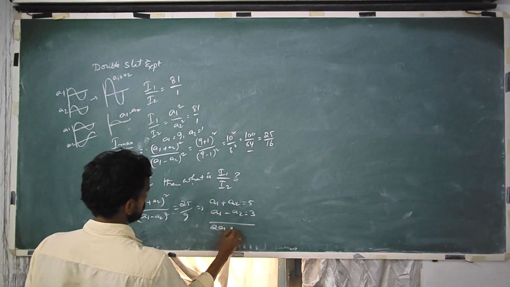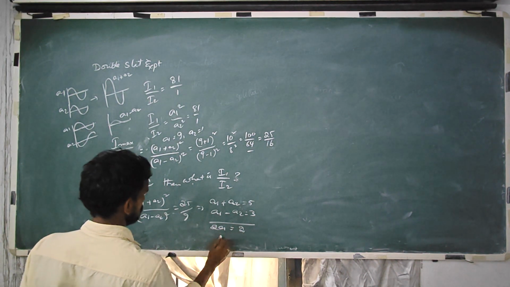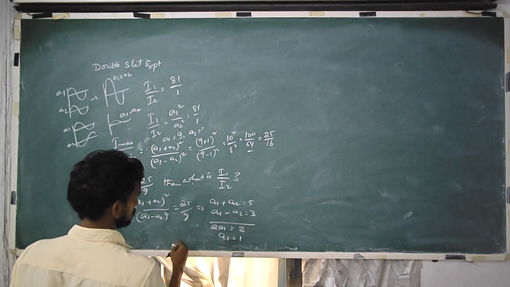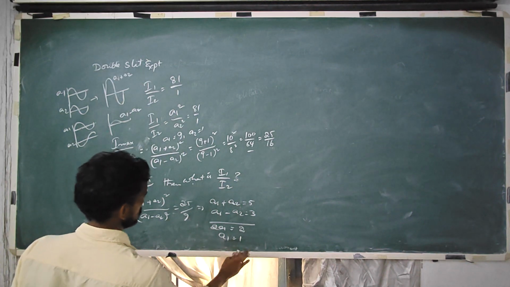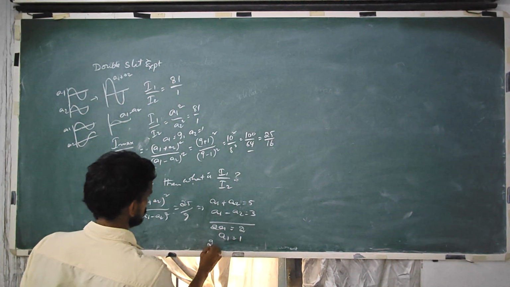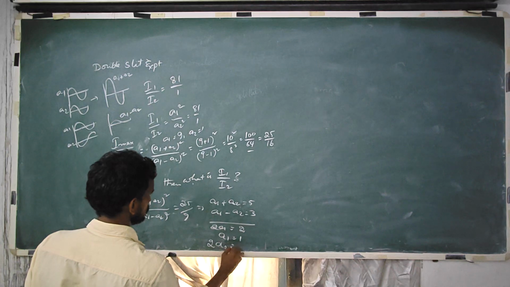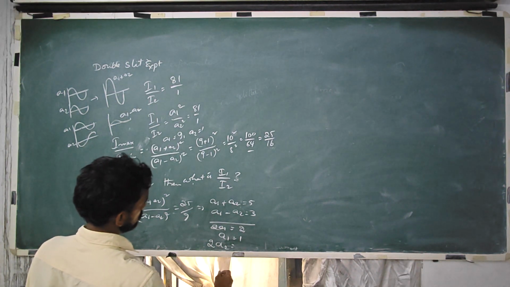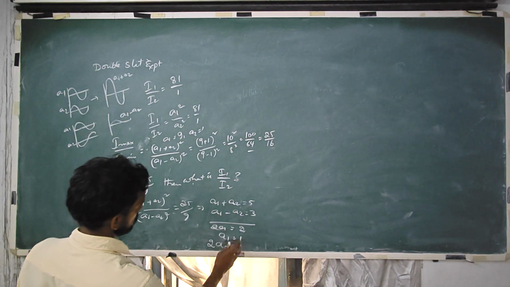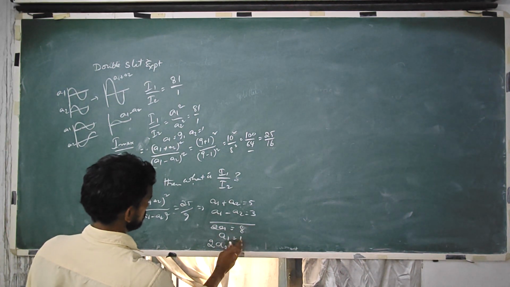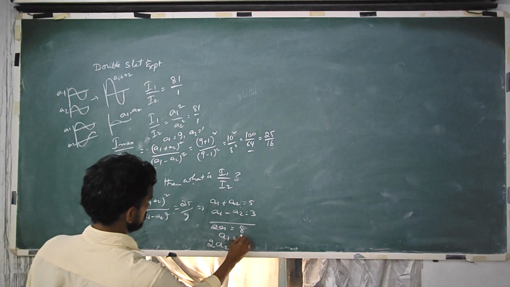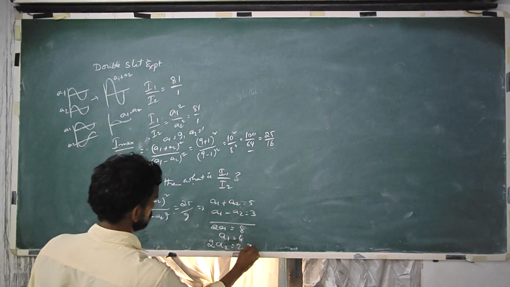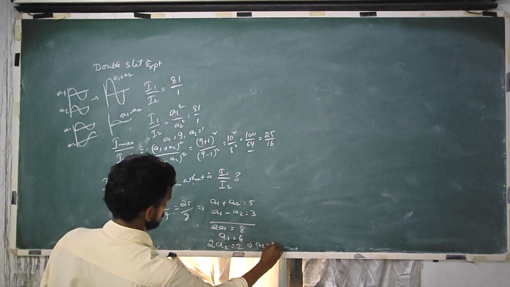So 2A1 is 8, A1 is 4, and if you subtract, 2A2 is 2, A2 is 1.